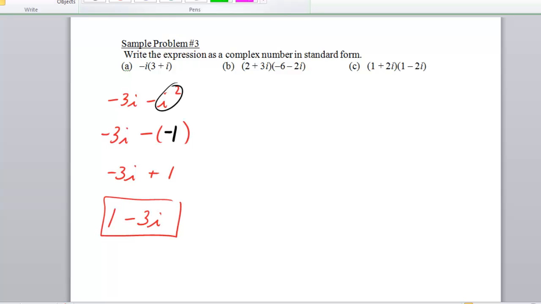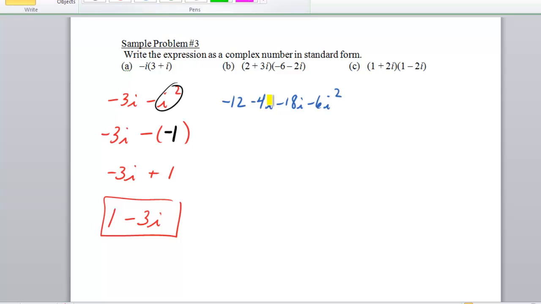Okay, now we'll work on the binomials. We're going to distribute twice, or FOIL. So 2 times negative 6, we're going to end up with negative 12 minus 4i, and then negative 18i and negative 6i squared.